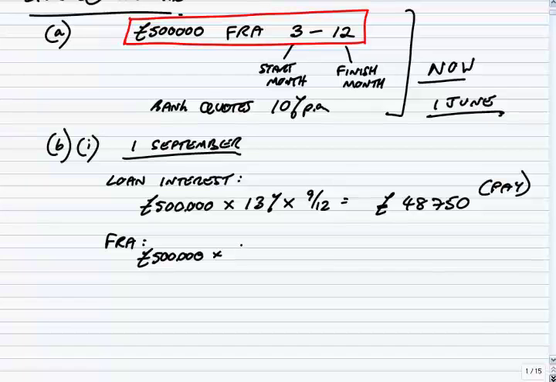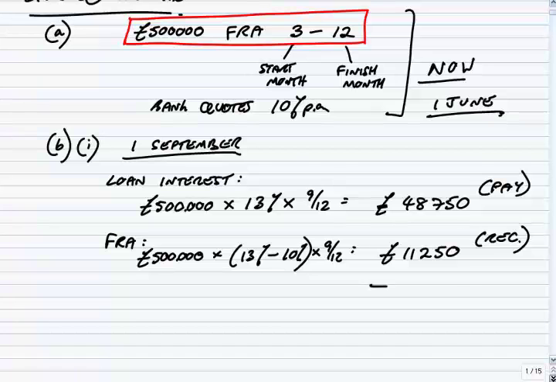You'll get back the difference of 3%. But again, of course, since it's for 9 months, it'll only be 9/12. And so they'll give us back 3% on 500,000 for 9 months, which is 11,250. That's a receipt.